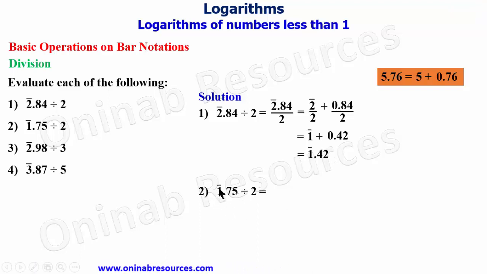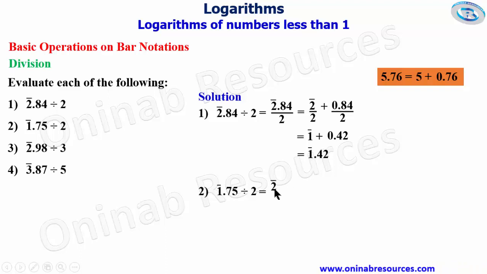And if you look at this bar 1, it cannot be divided by 2. Remember, we said the minus is only affecting the 2. So we cannot say it goes 0 times and carry the minus to this side. So in this case now, we are going to do some manipulations. Look for the smallest number divisible by 2, which is 2 itself, and we make it a bar notation.